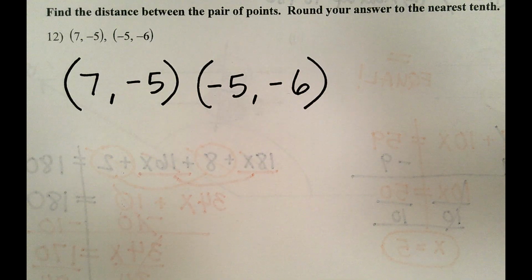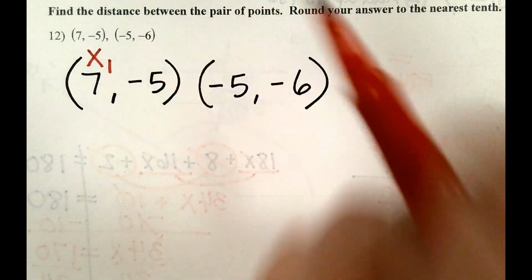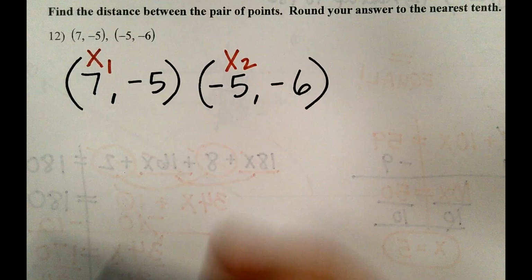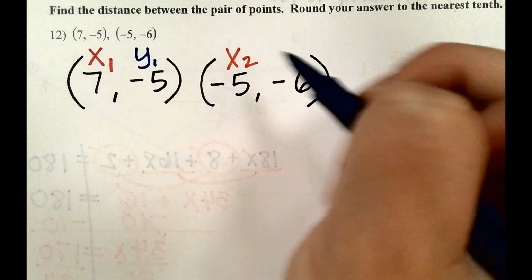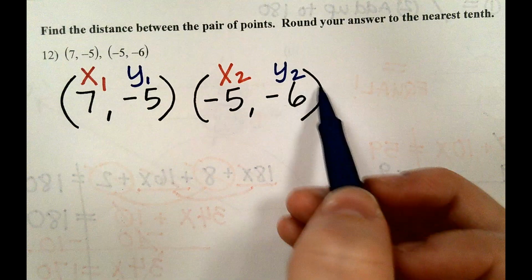So remember, we want to do x1, y1, x2, y2. Your x1 is 7. Your x2 is -5. Y1 is -5. Y2 is -6. Good. x1, y1, x2, y2.